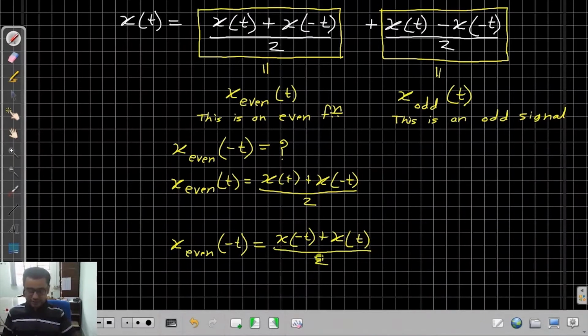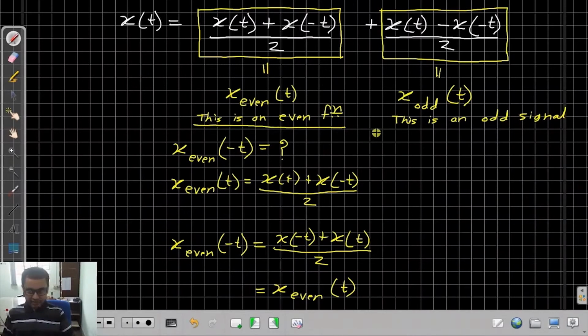And you see that this is the same as x even t. Therefore, x even of minus t is the same as x even of t, and thereby this function is an even function.